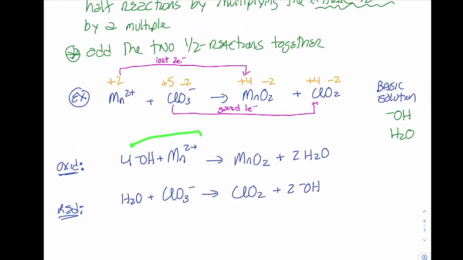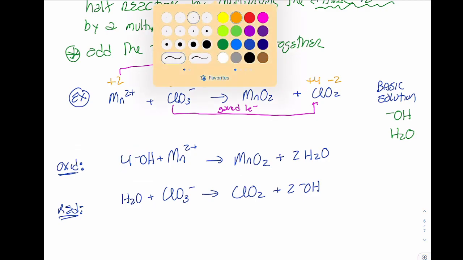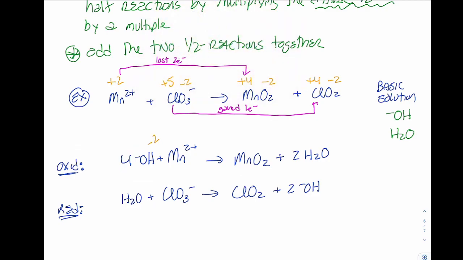So looking at my first one, right, I have a +2. I have 4 hydroxides with a -1 each. So a -4 and a +2 gives me a -2 total on that side. Here, I don't have any charge, so 0.